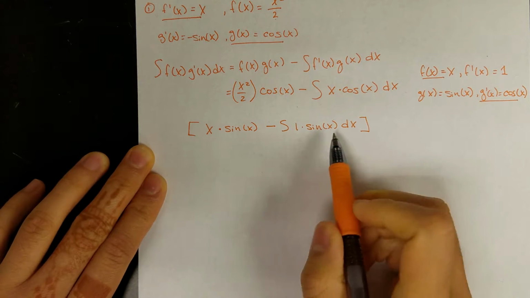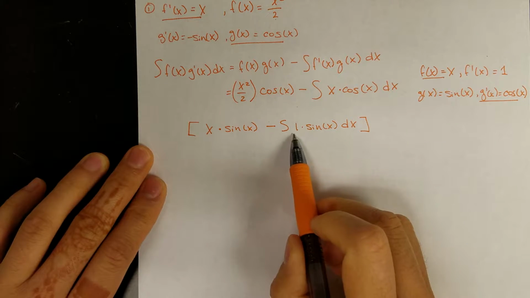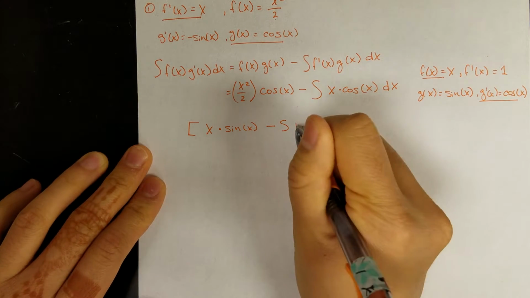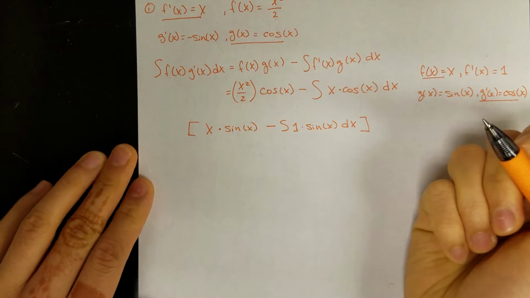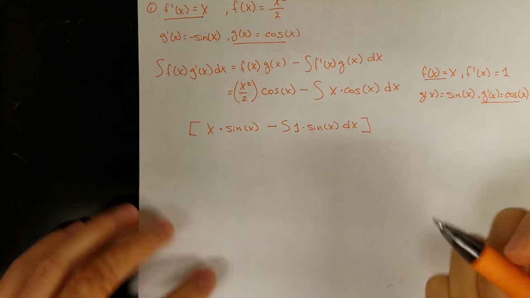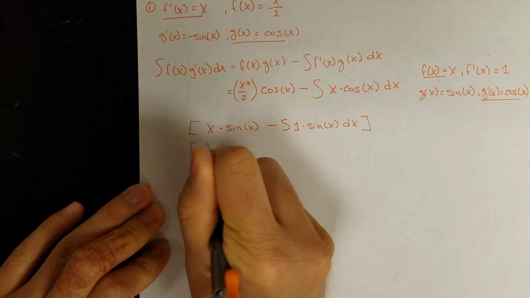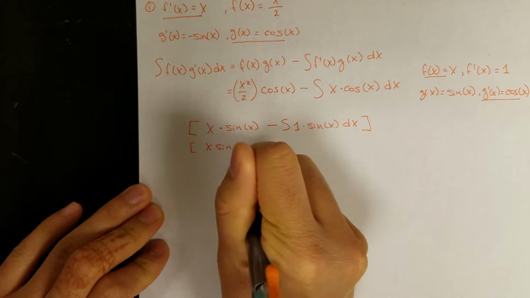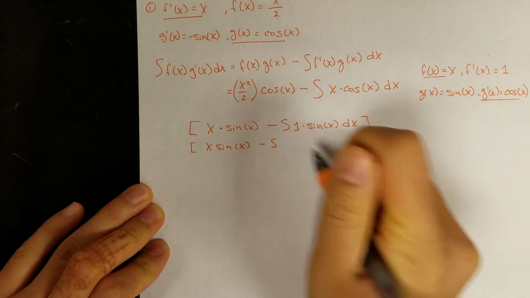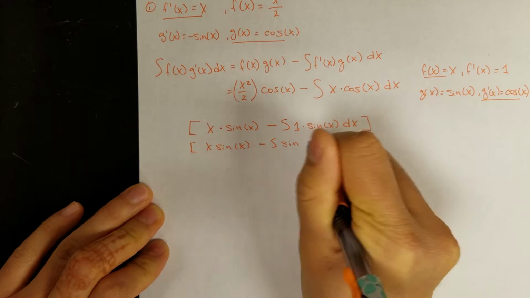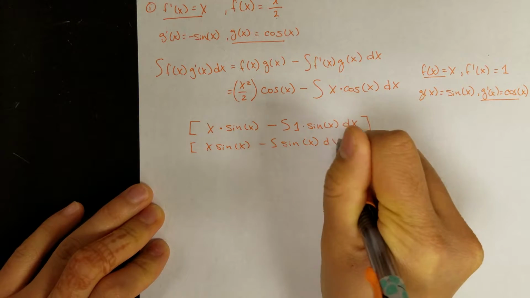Here we are able to just multiply these together because one of them is just 1, so that doesn't really change the function and we can ignore it. Let me rewrite this. It's just asking for the integral of sine of x.